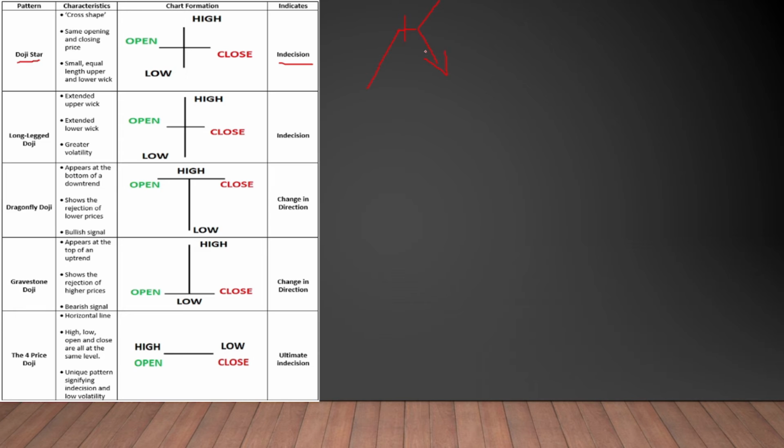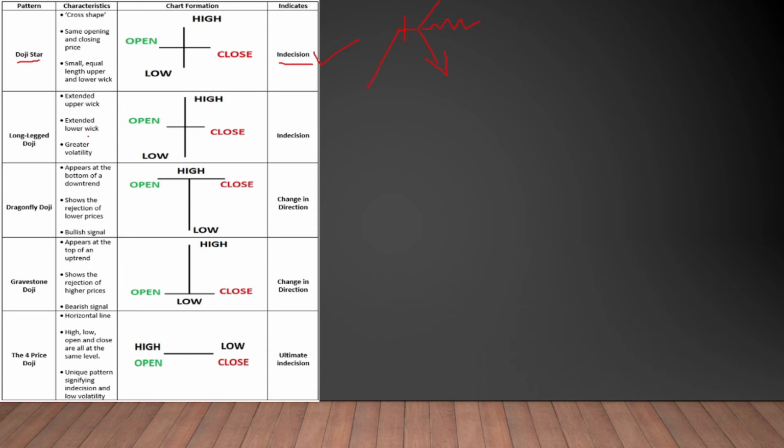So we cannot interpret, friends. Anything can happen. Either the trend may continue, or there might be a reversal in the trend, or the market may even consolidate for the next few trading sessions. So this doji star puts the traders in indecision mode, friends.